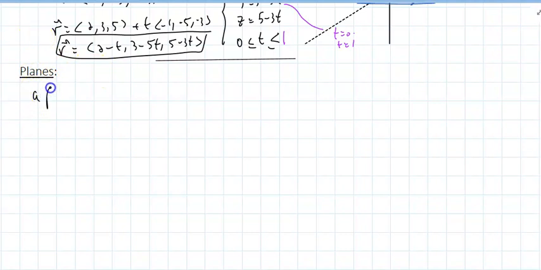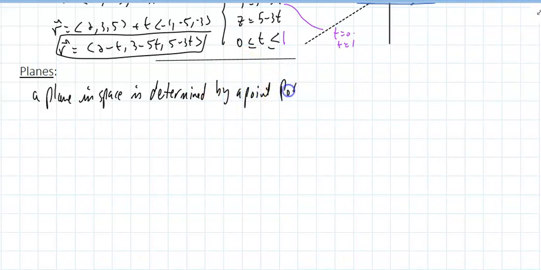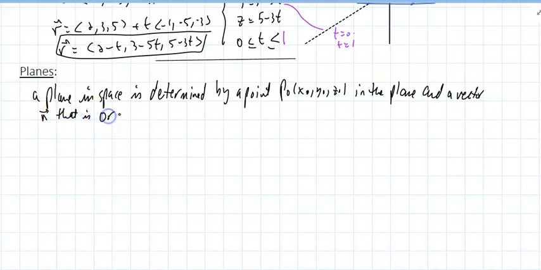A plane in space is determined by a point in the plane and a vector, we're going to call the vector not v, we're going to call it n, that is orthogonal to the plane.